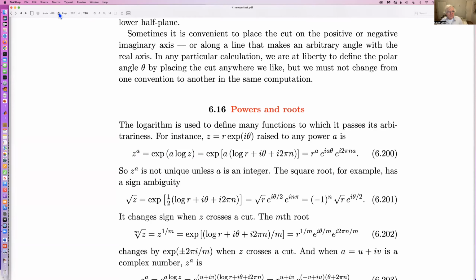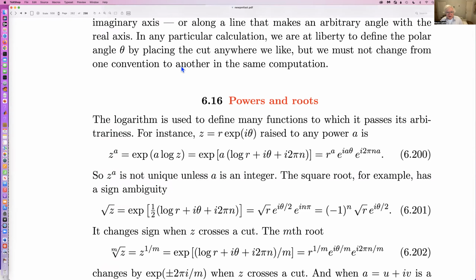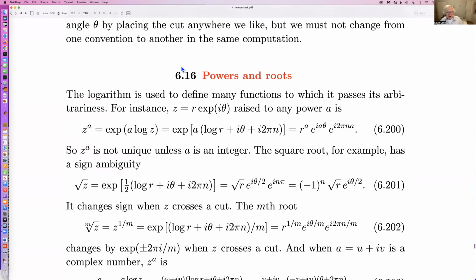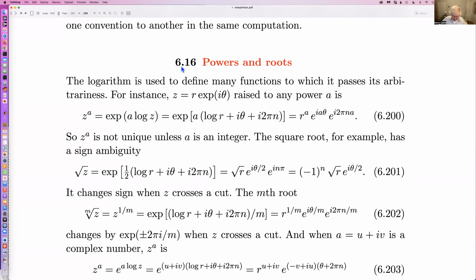Now, you see the logarithm and the exponential function are used to define many of the functions of mathematics and physics.